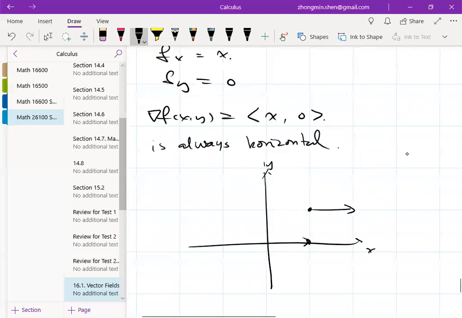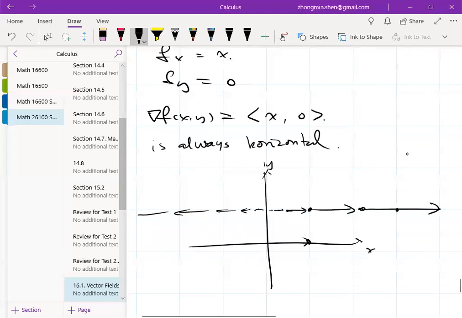But when getting away from the y-axis, at this point, for example, the x is going to be 2, so it's going to be longer. And then here it's going to be short. Okay, and then short, almost 0. And here the vector is getting longer, but it's always horizontal.